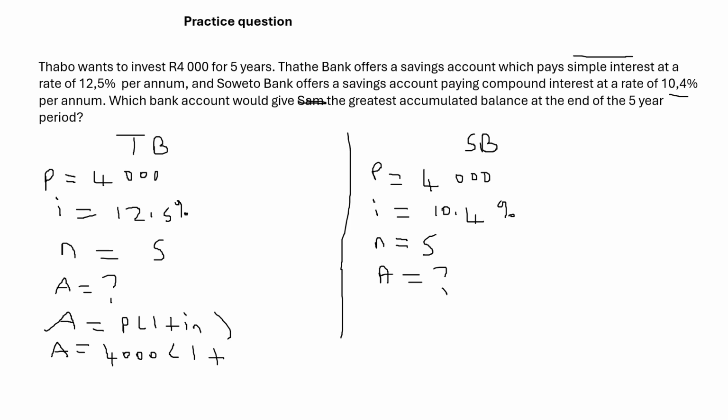But if you want to be careful, divide 12.5% by 100, because percentage means 100. So every time you're given an I, you must divide it by 100, meaning our I here will come back as 0.125 as a decimal. And then lastly, put a dot to show multiplication by n.